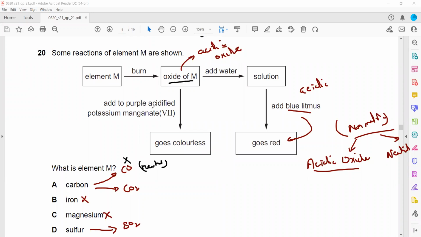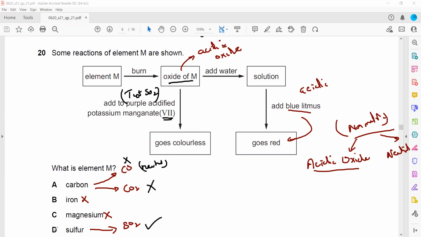The oxide of M, when it is added to acidified potassium manganate(VII), turns colorless. So this is not the presence of carbon dioxide. This is actually a test for sulfur dioxide. That's how we test for sulfur dioxide. When we bubble it through acidified potassium manganate, it turns from purple to colorless.